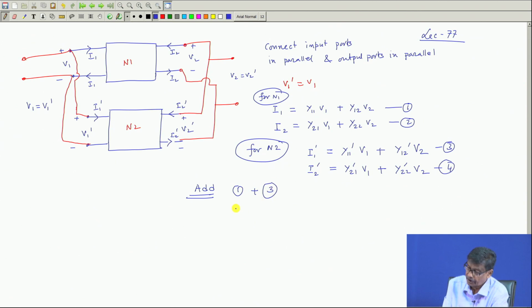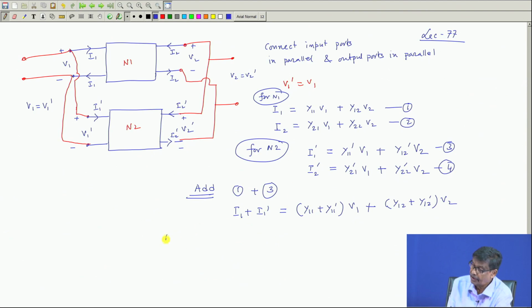It will give you I 1 plus I 1 dashed is equal to y 1 1 plus y 1 1 dashed into V 1 plus y 1 2 plus y 1 2 dashed into V 2.